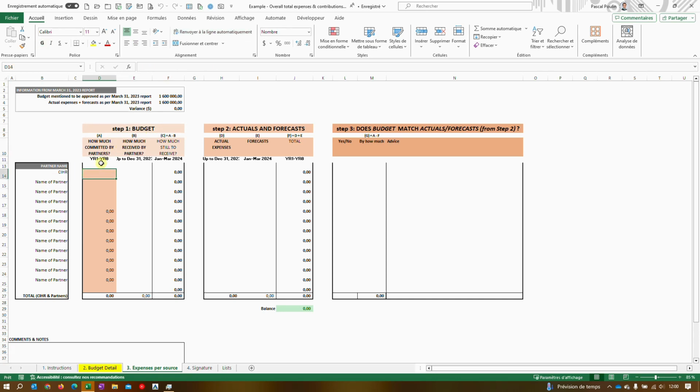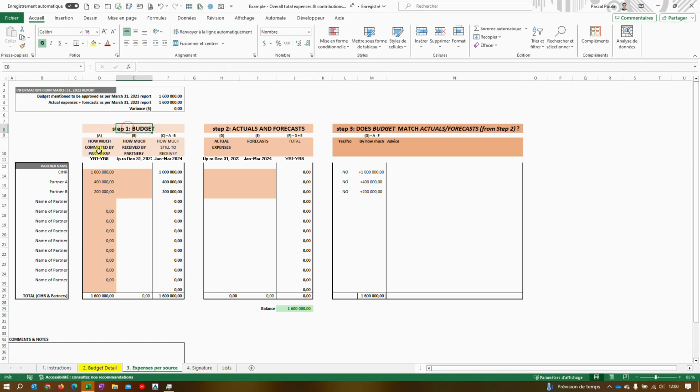So let's say that you had 1 million from CIHR and partner A, and let's simply put two partners, A and B, and then you were to receive 400,000 from that one and $200,000 from this one. So this is the expected amount that was committed to you by those different partners.